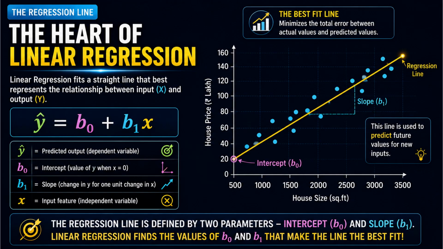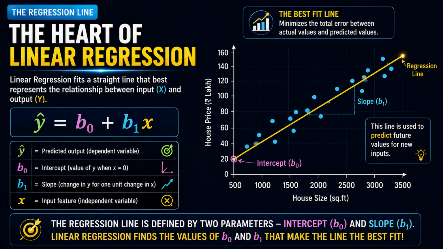So here is that equation that we have to bother about, which is y prime is equal to b0 plus b1x, where y is the predicted output, the dependent variable. b0 is the intercept, the value of y when x is equal to 0. b1 is the slope, this is the change in y for 1 unit change in x.